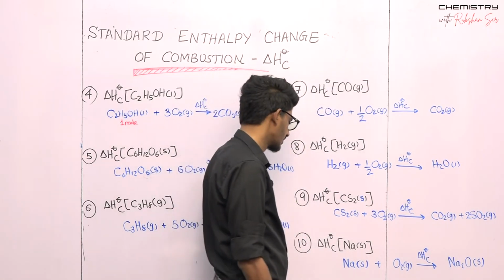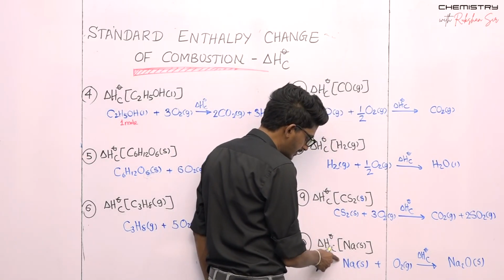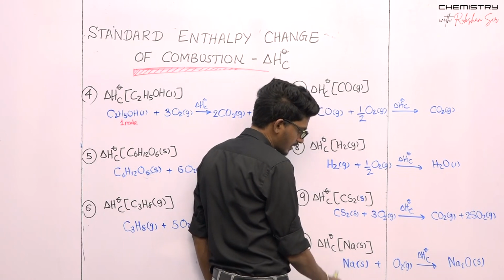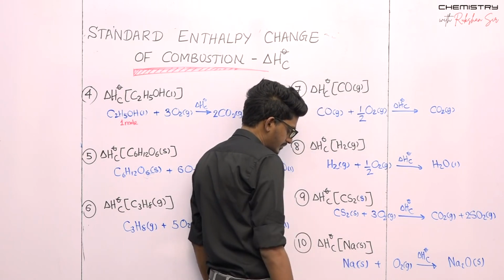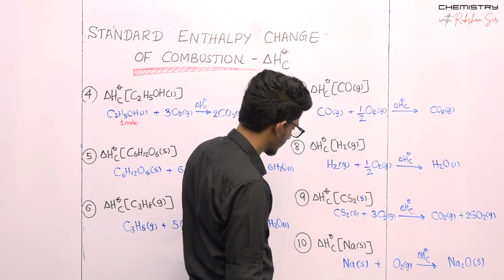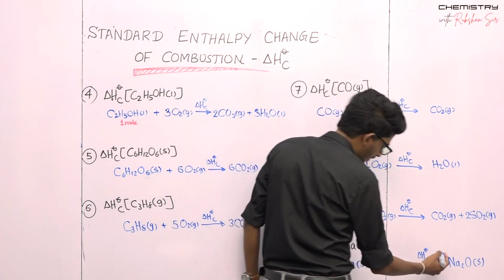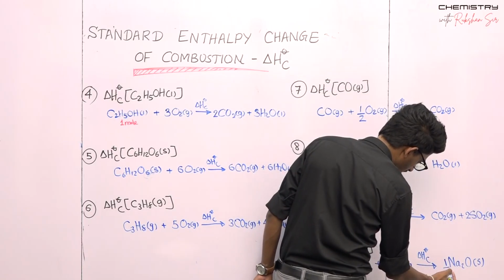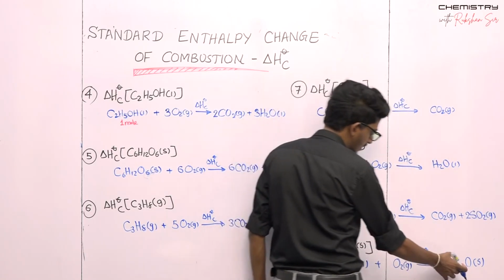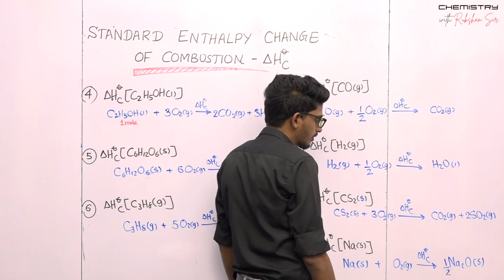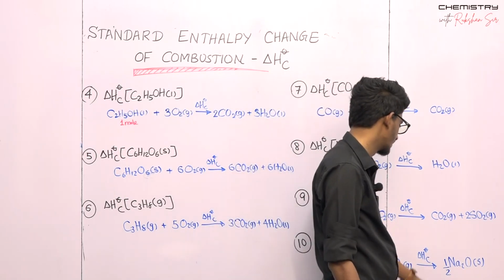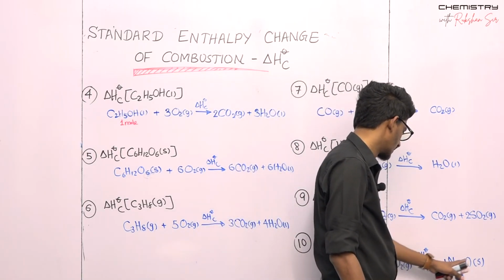Let's balance this. You need just one sodium in each and every state of your system. So for one sodium, you need a half here: half into Na2 gives one sodium. Then comes the oxygen term.